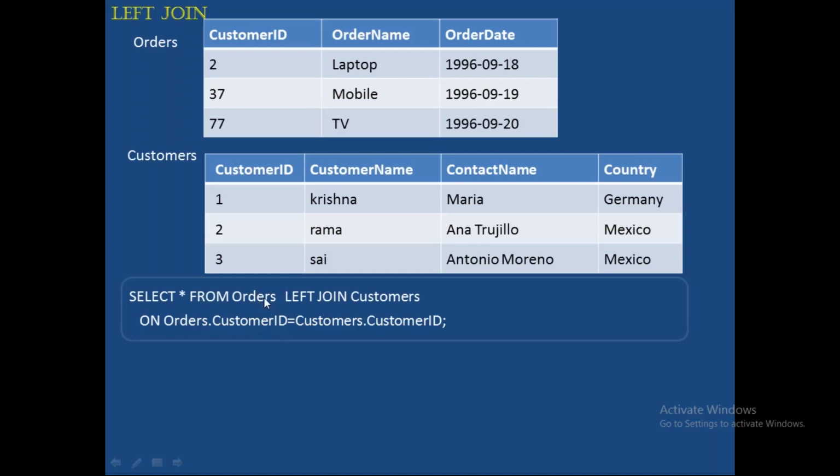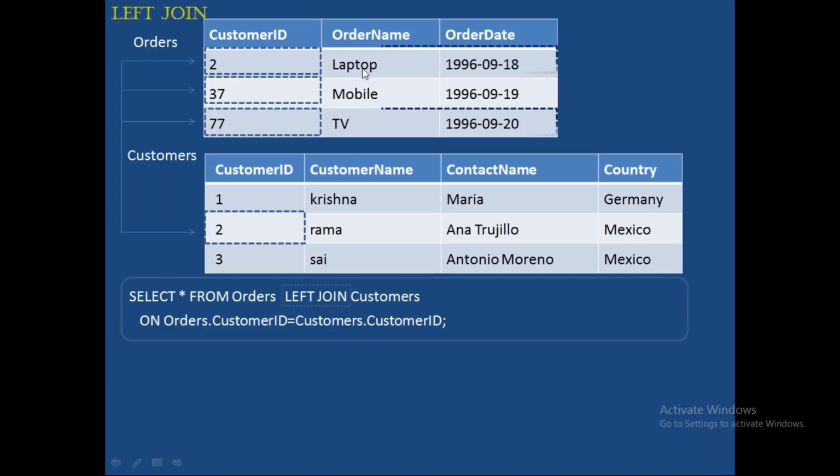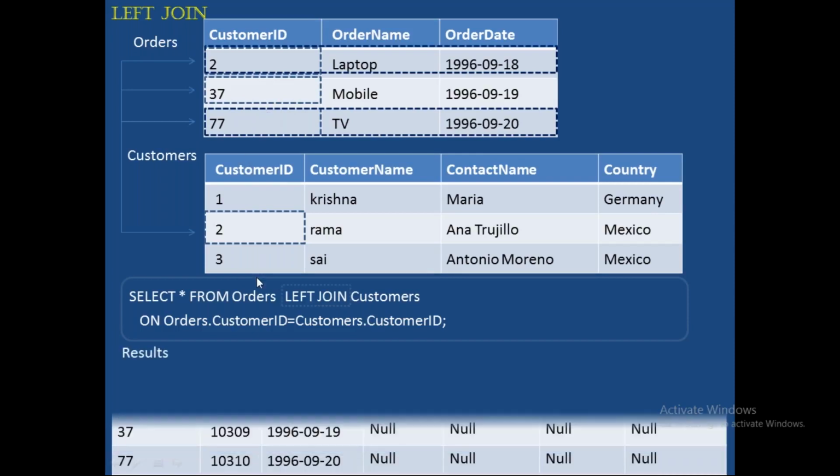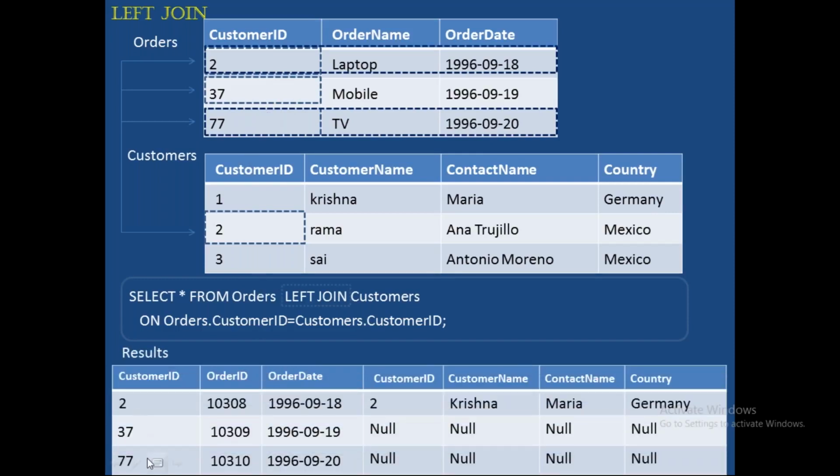Orders is the left table, and customers is the right table. Left join means the common records, where 2 is the common record, plus the unmatched records 37 and 77. I'm going to collect these two records also and pass them to my results. So the result has 2, 37, and 77.